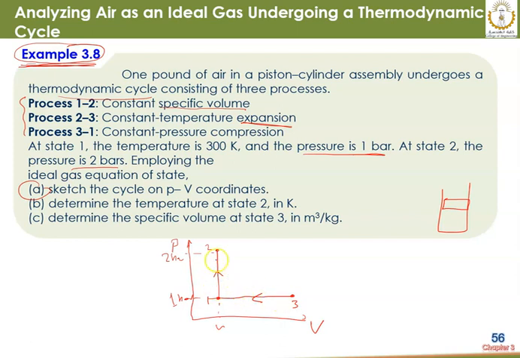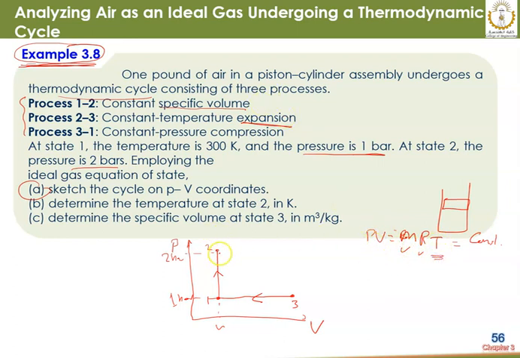And 2 to 3 is constant temperature, which means that PV equals mRT is constant. If the temperature is constant, then since this is a closed system, the mass is constant and R is constant, so this is all constant since the temperature is constant, as we said.